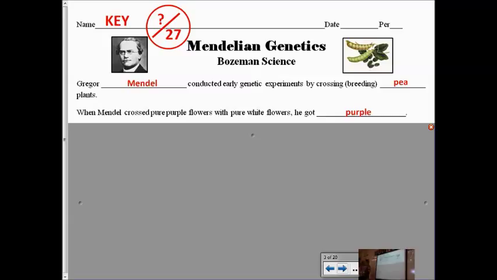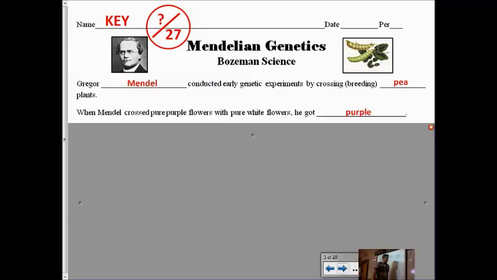And that little discovery is what led him to start to think about things like how one allele might be more important than another allele. How one allele might cover up what another one is showing. What is that called?